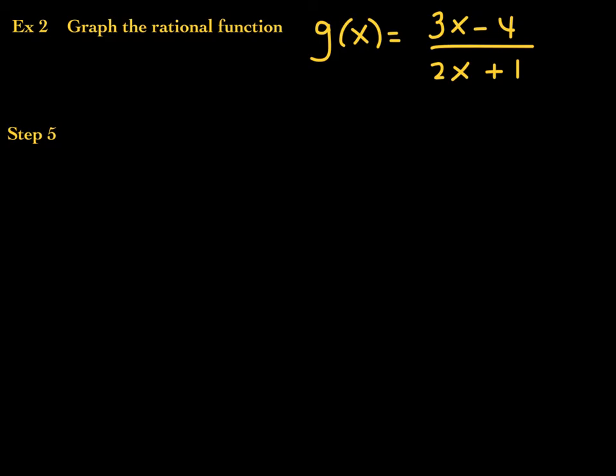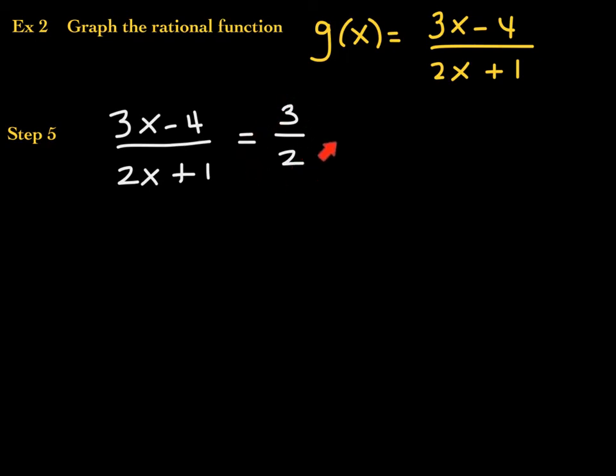The way I determine whether the graph crosses my end behavior asymptote is by taking my function, setting it equal to the end behavior asymptote, which we just found to be 3/2. Remember that? In the previous step, we found the end behavior asymptote to be y equal to 3/2. That's why this number is here.